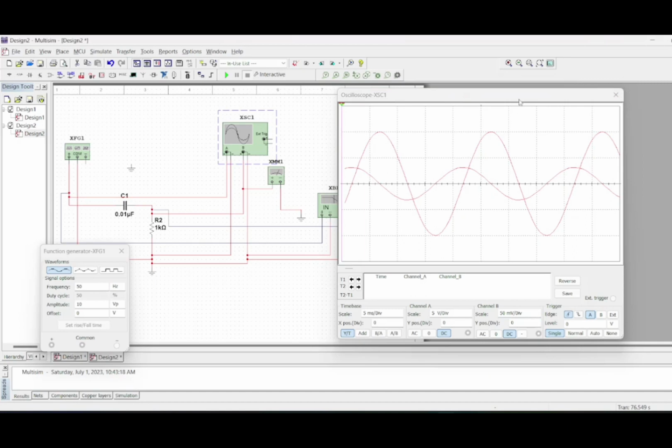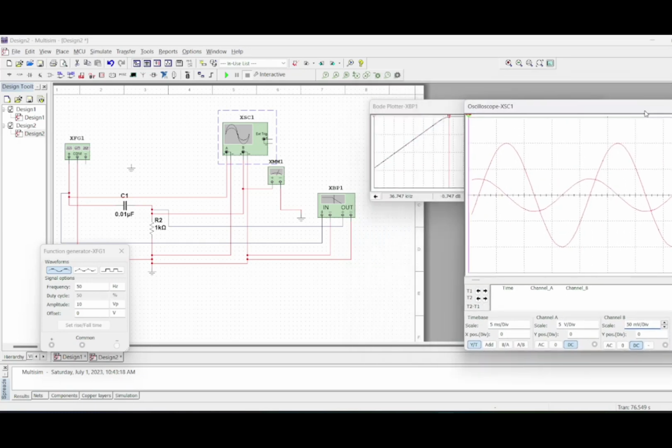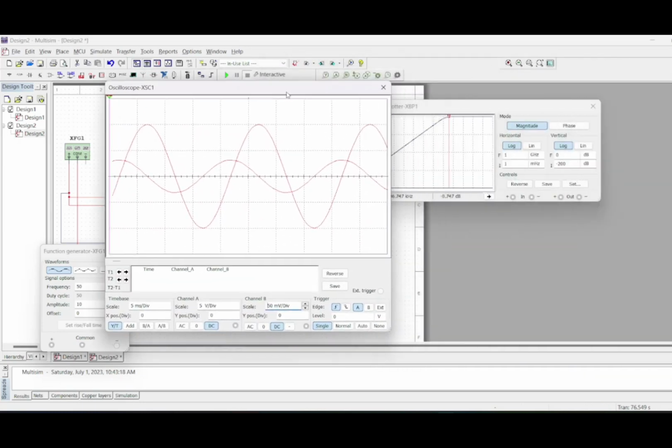Okay, so this is the oscilloscope graph. You can see that the highest peak is at 99.995 volts.